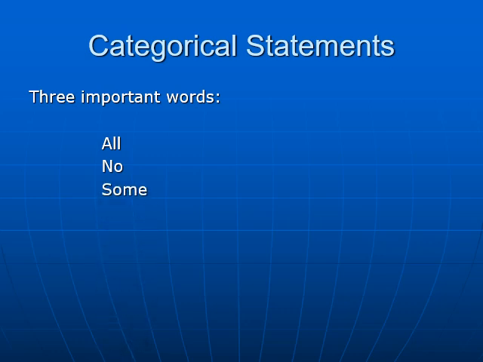The reason you need these three words is because when you've got a statement about trees and plants, and you want to bring those into relationship to one another, you want to know if you're talking about, say, all trees. Are all trees plants? How about no trees are plants? How about some trees are plants?